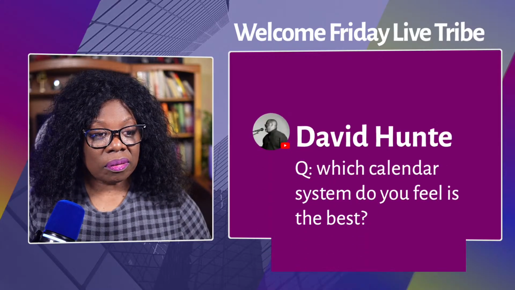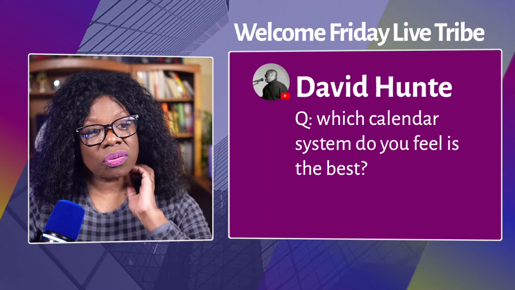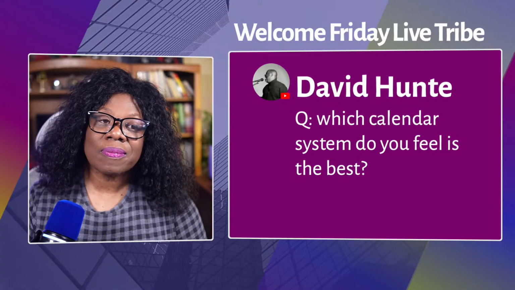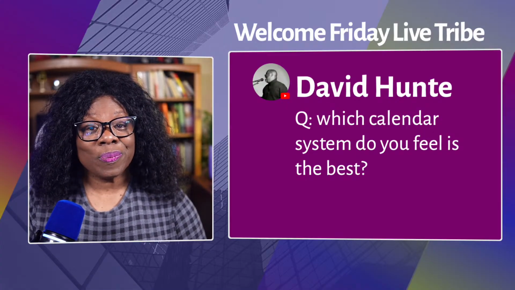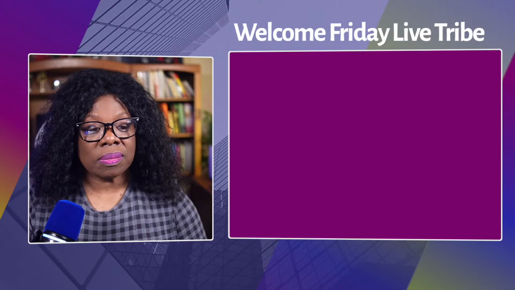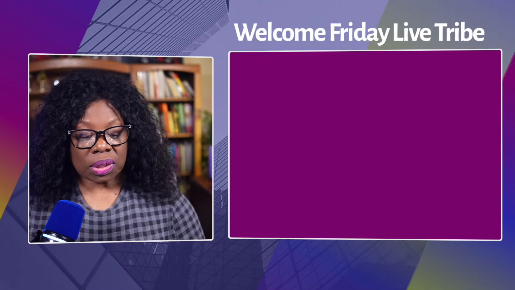And then David says, which calendar system do you feel is the best? The one that works for you. The calendar system that works for you is the one that's best. I'll tell you what I use. I'm not saying it's the best, but I'm going to tell you what I use. I use Google Calendar.